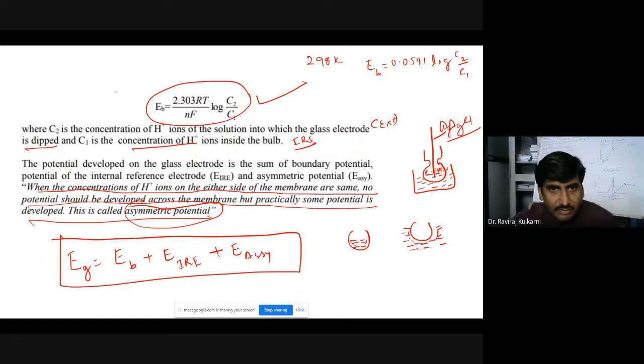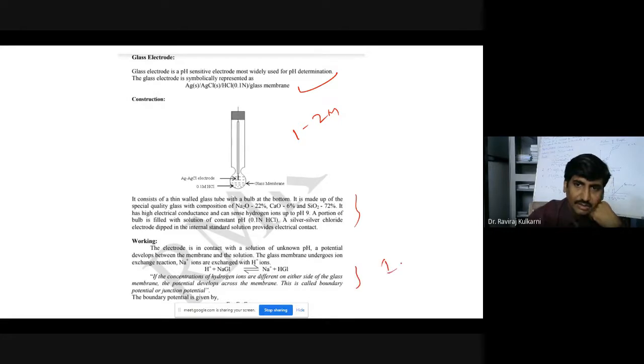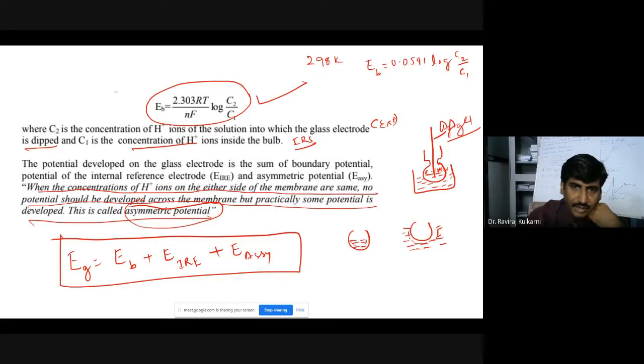You have to start from here: glass electrode and its symbolic representation, which carries 1 to 2 marks. You need to write this entire thing and define what is boundary potential. It may carry 1 mark. Give this value.